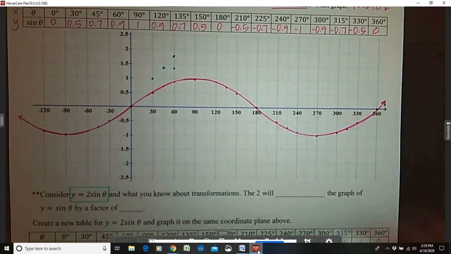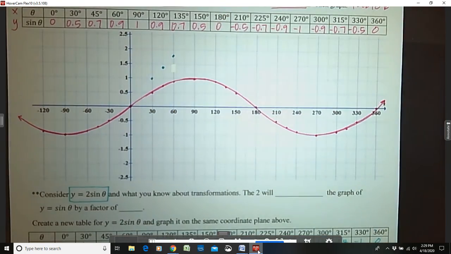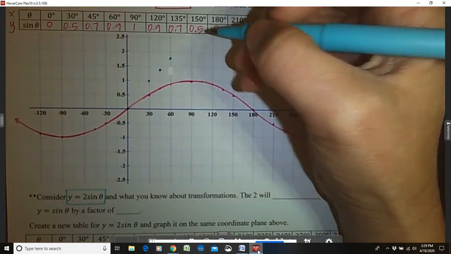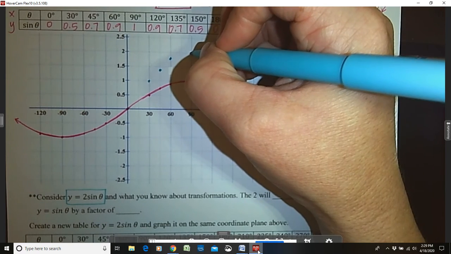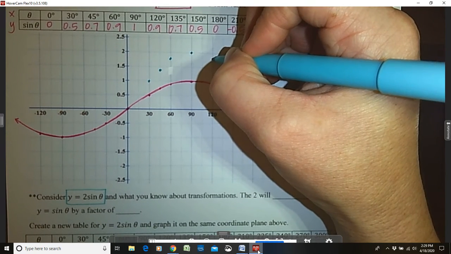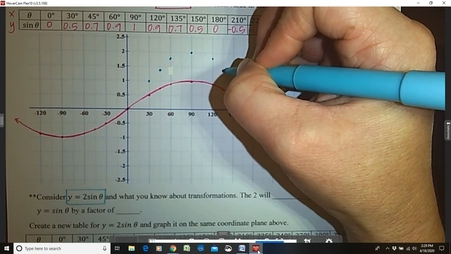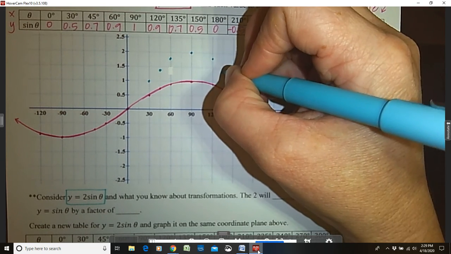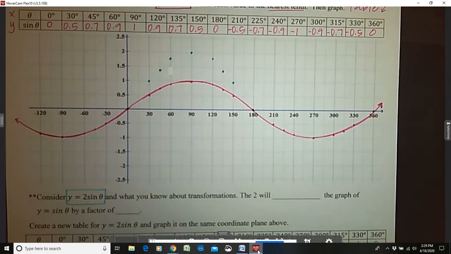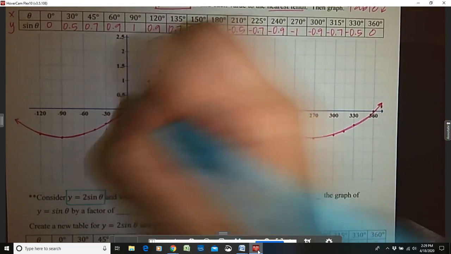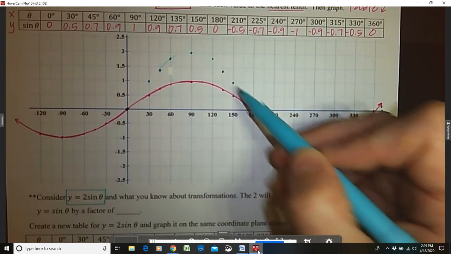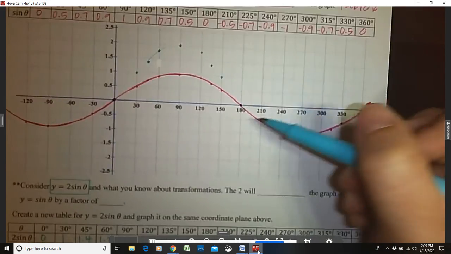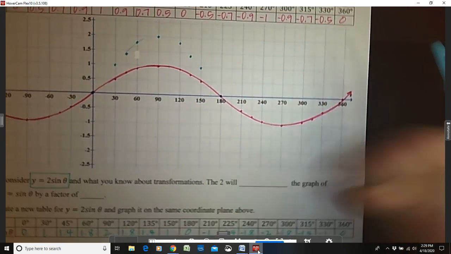And then 90 is at 2, and then 1.8. You can see, and then back down here at 0. My zeros didn't change, but all these points did, and it goes much higher now. Down here, they're going to go much lower.